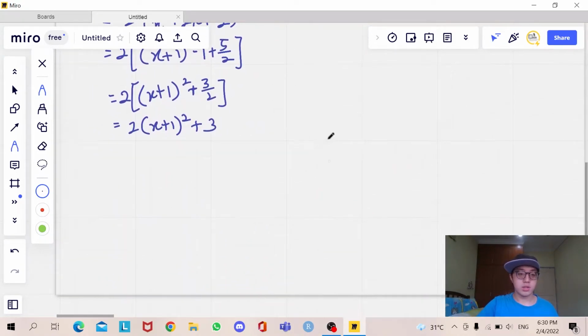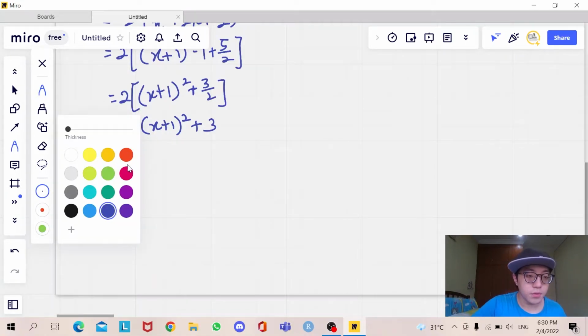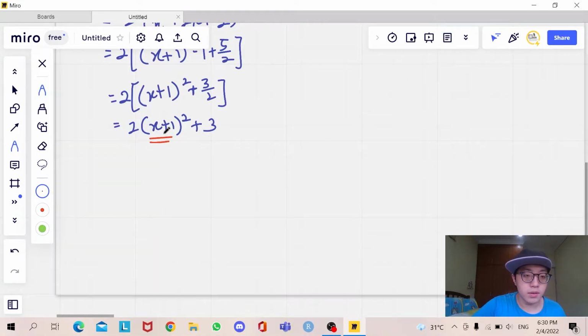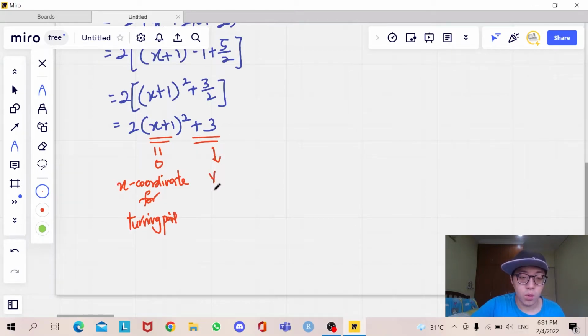Okay, so listen up. For the turning point, this one equals to 0 means the x coordinate for the turning point, and this here means the y coordinate for the turning point.